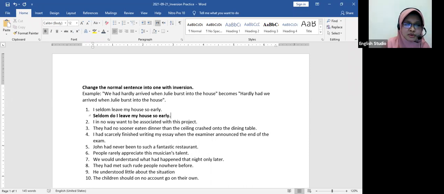So for question number 2 and number 3, please write down your answers ya guys ya. For question number 2 and number 3. Ini pakai negative adverbs ya, bukan adverbial phrase, I'm sorry, negative adverbs ya. In no way, ini in no way ya, boleh highlighted, sama no sooner. Oke.